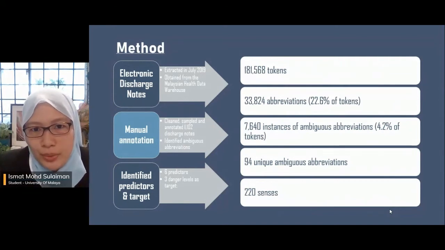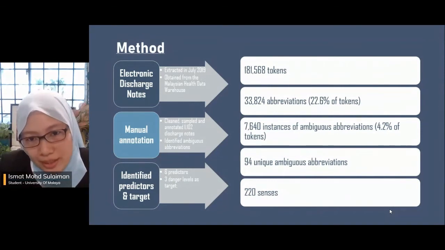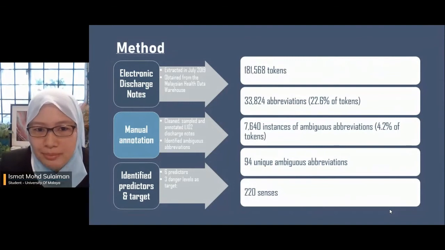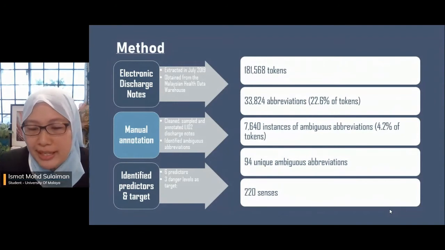When we look at those 7,640 instances, we come up with 94 unique ambiguous abbreviations that are mapped to about 220 senses. So you can see every ambiguous abbreviation has at least about two senses.